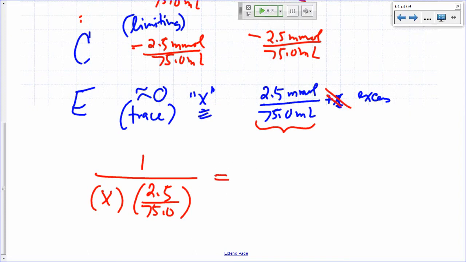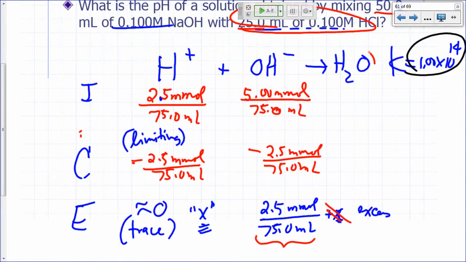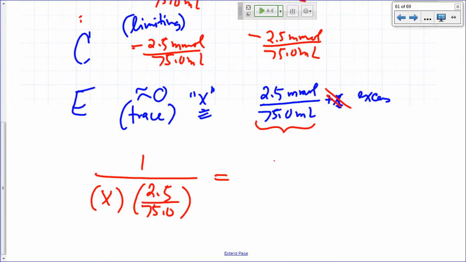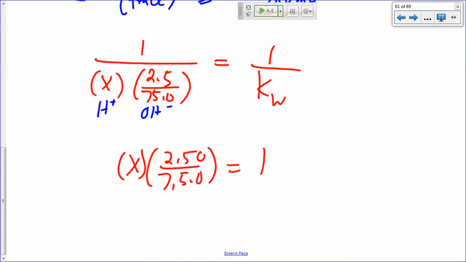Because the activity of water is 1, products over reactants, H plus and hydroxide are reactants here, so that's 1 over Kw. Or if you take the reciprocal, X times 2.5 over 75.0 is equal to Kw.